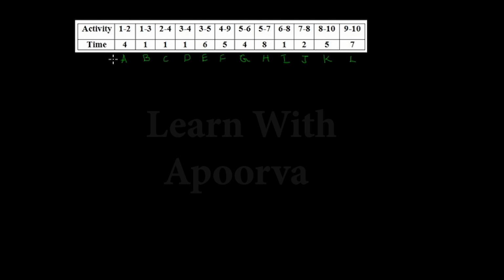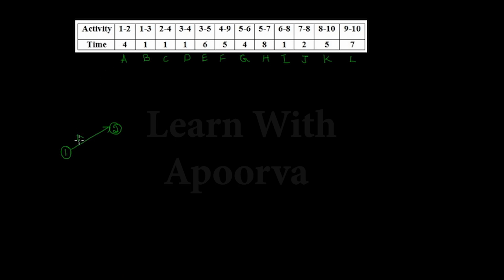So now I'm going to talk about the activity 1, which is between the nodes 1 and 2. So we'll start with the construction of the network. So we need 1 as the initial node of the network. From 1 we have an activity towards the node 2, and the activity is named as A, and what is its duration? It is 4.